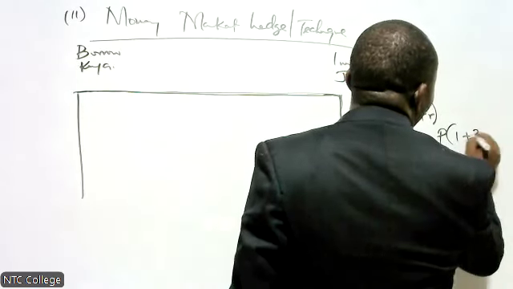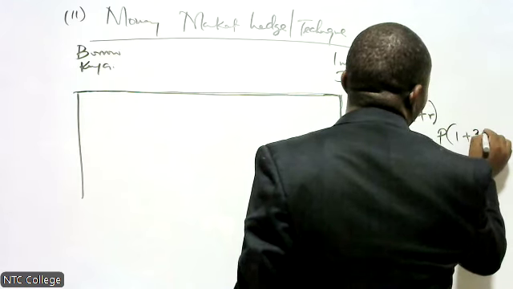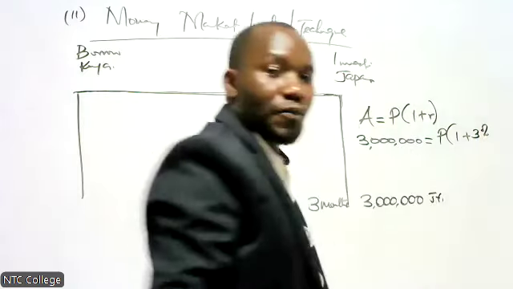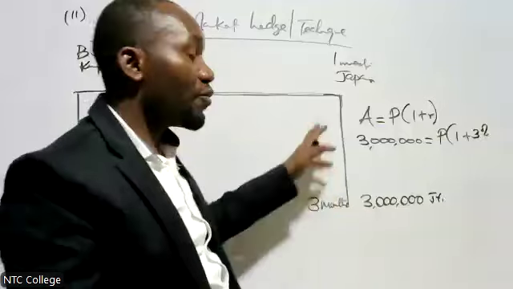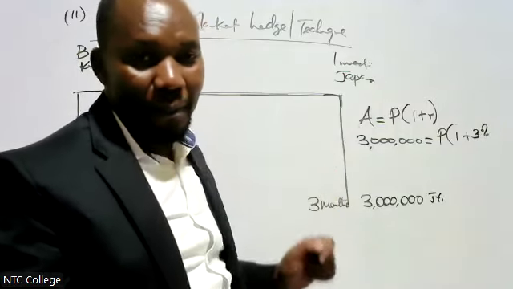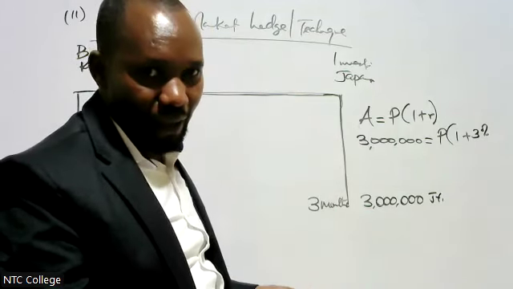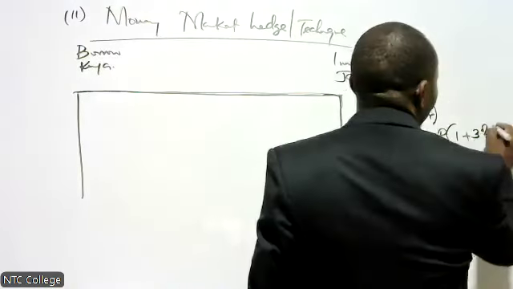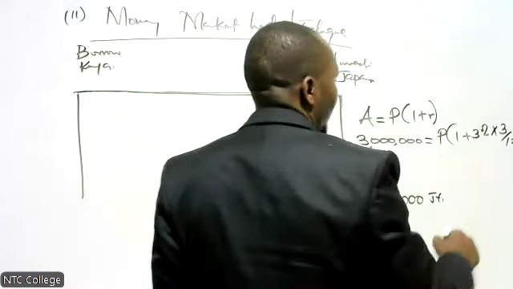Per annum or quarterly? That is per annum, for the whole year. But we want ours to mature after 3 months. So do you divide, or multiply by a third, or what is it? Quarter or third? 3 over 12. So this one is times 3 all over 12. Only 3 months out of 12 months.